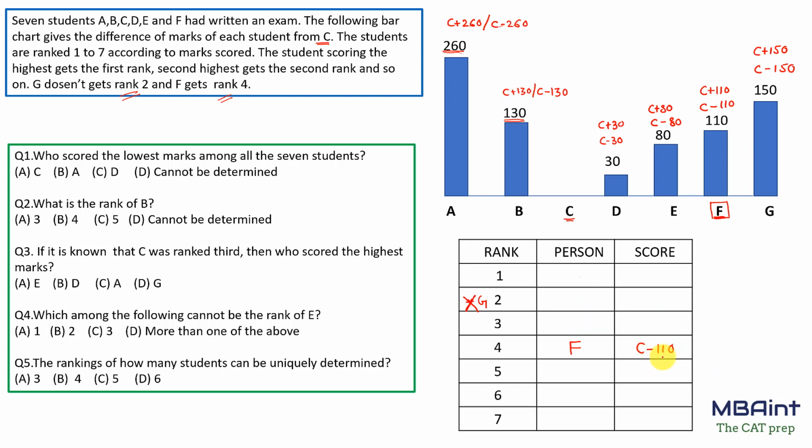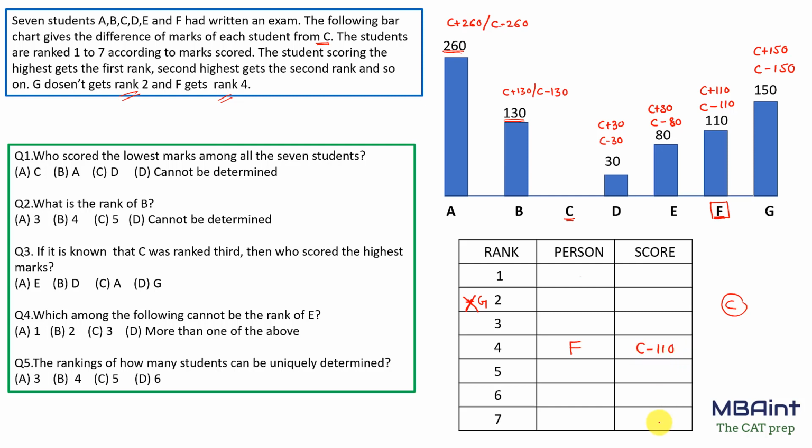Now we are very sure that the score of F is C minus 110. So we'll have 3 values more than C minus 110, and the score of C itself would be in the first 3. And we'll have 3 values less than C minus 110.